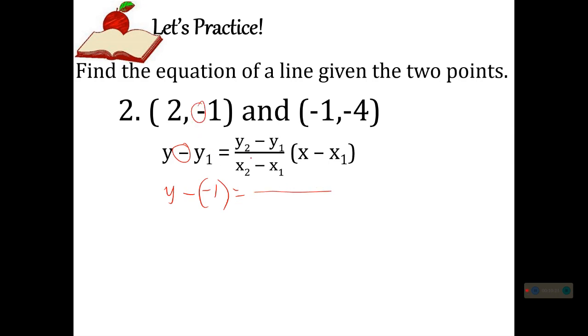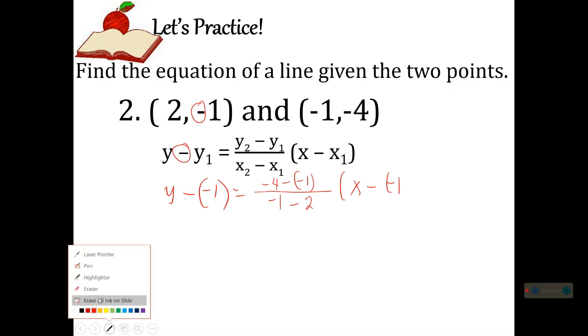Is equal to, our y sub 2 is -4 minus y sub 1 again is -1 over x sub 2 is -1 minus 2 times x minus -1. Okay, sorry. So we have here x minus positive 2.